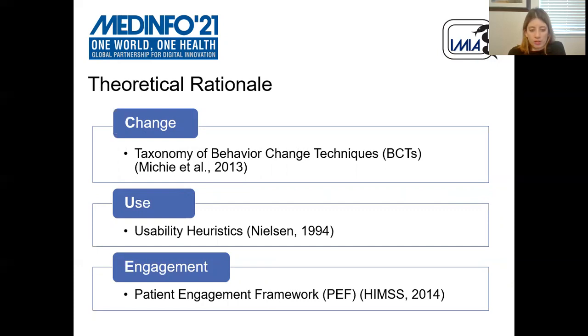Then we have U for use, and for these criteria, we have selected Nielsen's usability heuristics as our theory. And finally, the E stands for engagement. And to assess this criteria, we have selected the patient engagement framework, which was developed by the Health Information and Management System Society in 2014.